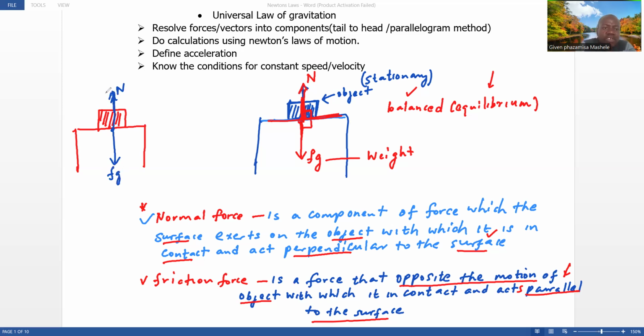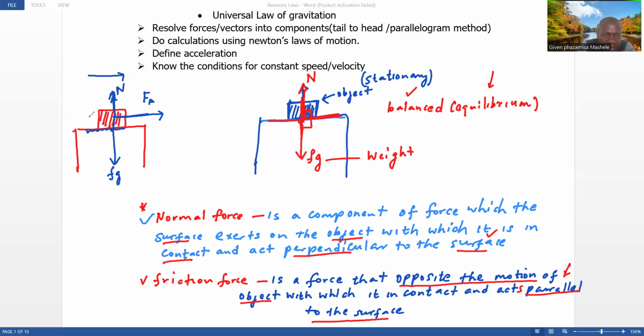Then now, if we say this surface is rough, and the object is being pulled, just to give an example, to the right with an applied force, then since the object will move to the right, there will be a force that will oppose the motion. Obviously, it will move in the opposite direction.